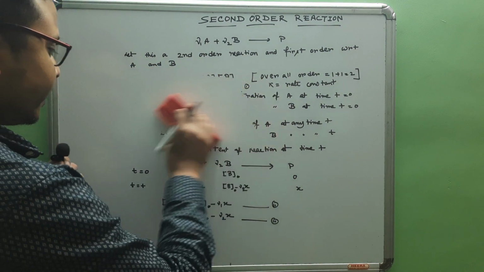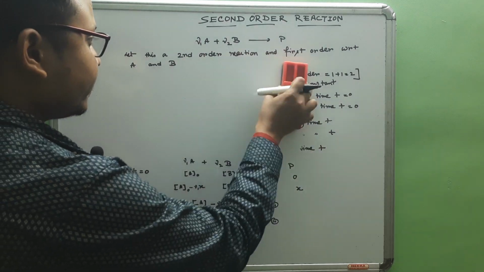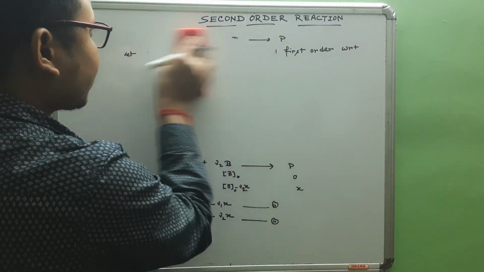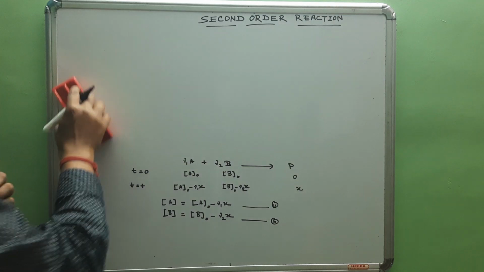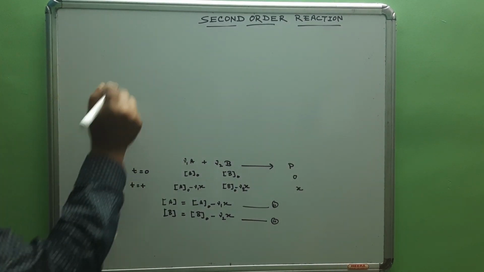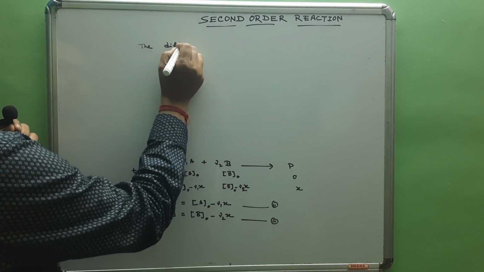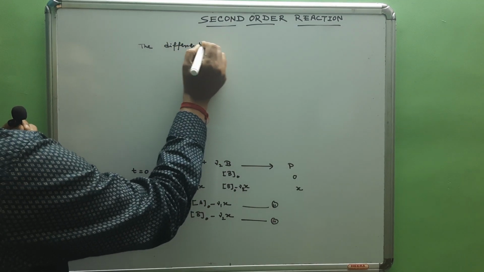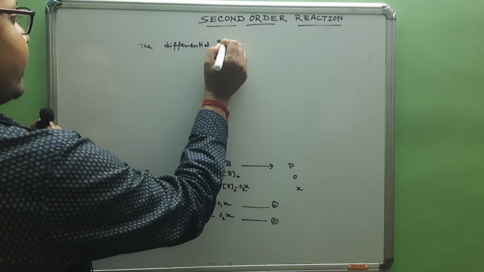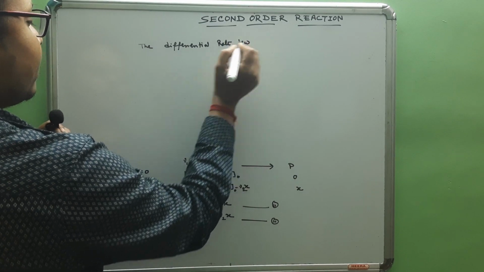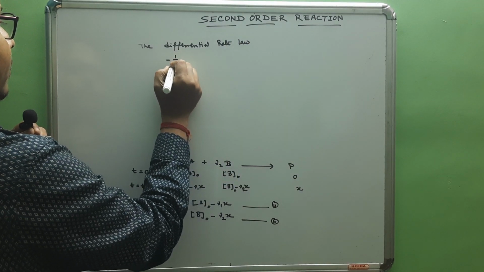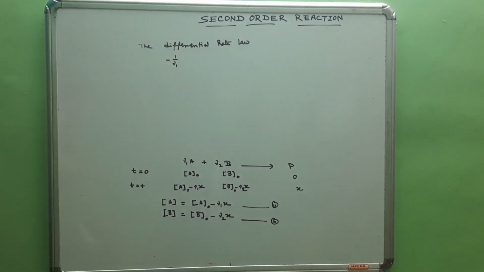Now the differential rate law. What will be the differential rate law? The differential rate law gives 1 by nu1 dA by dt equals 1 by nu2 dB by dt equals dP by dt.